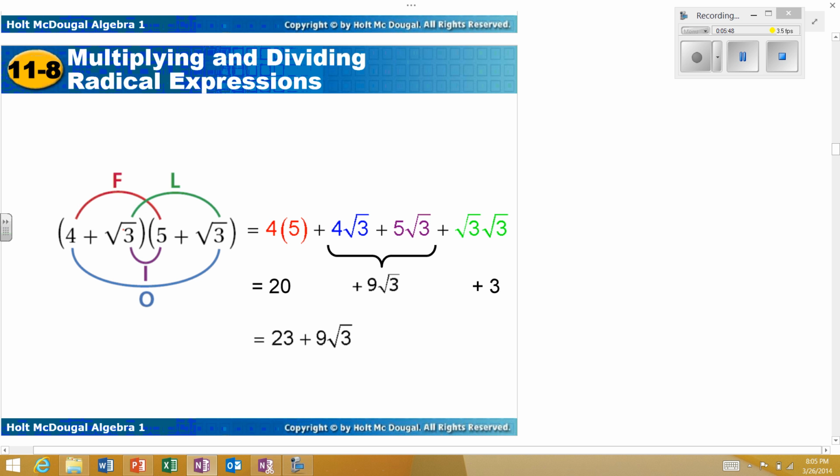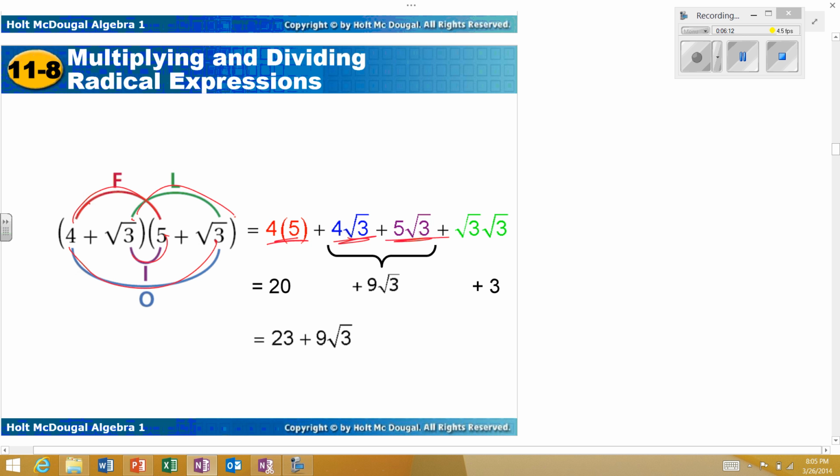So if we had 4 plus radical 3 times 5 plus radical 3, your first term would be the 4 times the 5. Then you would do your outer, so that would be your 4 times the radical 3. Then you would do your inside, so radical 3 times 5 would be 5 radical 3.